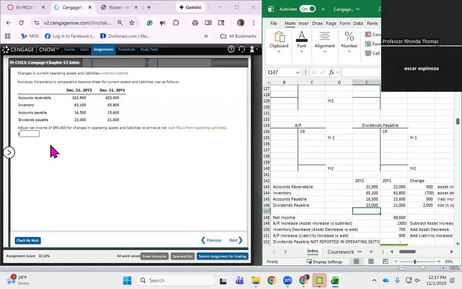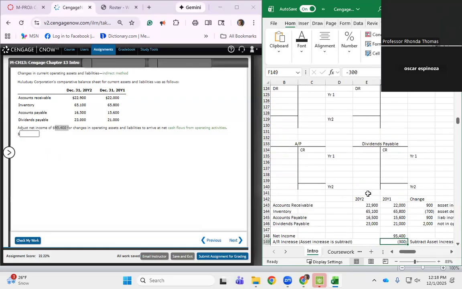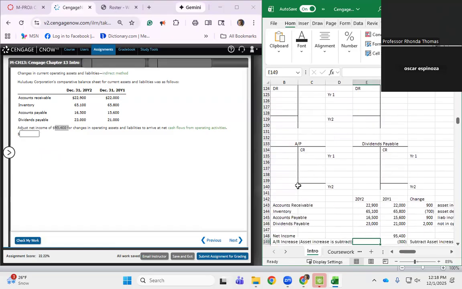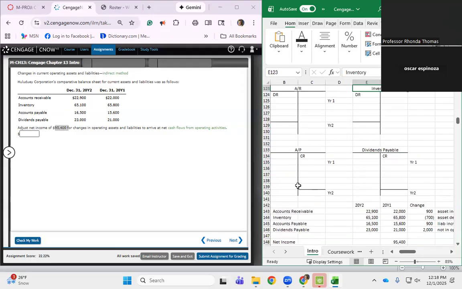All right, so we're going to start with a net income of $95,400. So that's what I'm going to put. Now, just so that you can see this, I'm going to show you this in a T account, if you like to see it a little more that way.